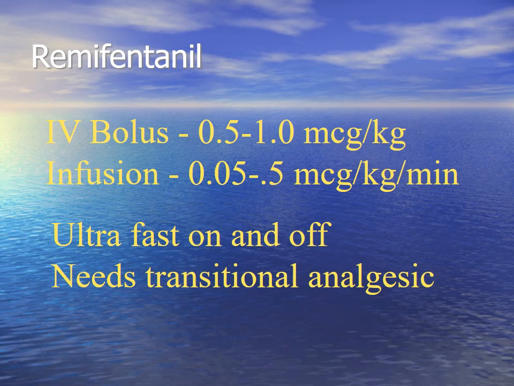You can go as high, if you're reading the insert, as 0.5 micrograms per kilo per minute. But there's a problem with giving that much. Your bag runs out in about 20 minutes. You're just making bag after bag, so if they're that tolerant, we need to be looking at a different intervention, sufentanil, for instance.